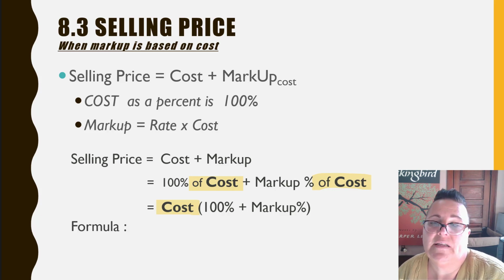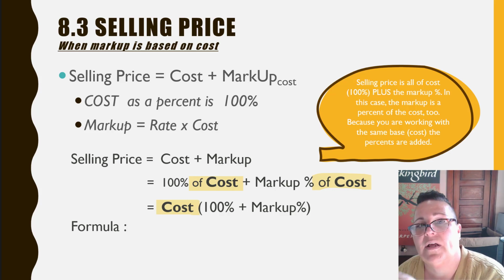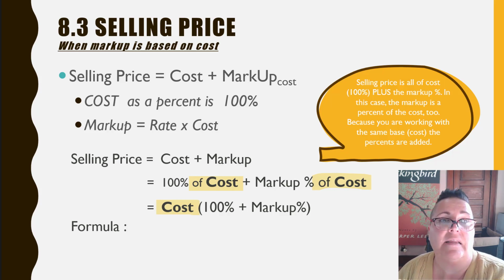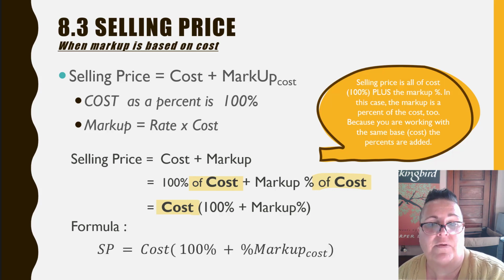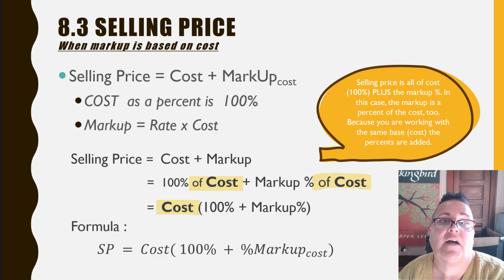So as a formula for selling price, we can say that since the selling price is all of the cost, 100%, plus the markup percent based on cost, in this case, because both are percentages, we can look at that like a common factor, like a common denominator, and pull that out front and then add the percents that are left, giving us the selling price is equal to cost times 100% plus the percent markup based on cost. And that's the formula for selling price, markup based on cost.